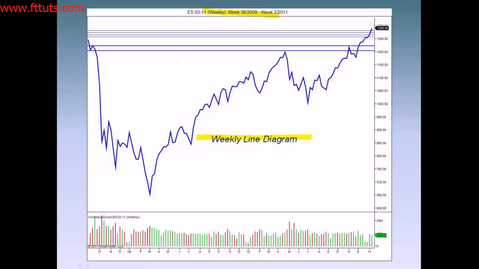So this is why for the weekly support lines I have drawn them a little bit thicker to emphasize their importance. Now, the first one is right here at this pivot point.